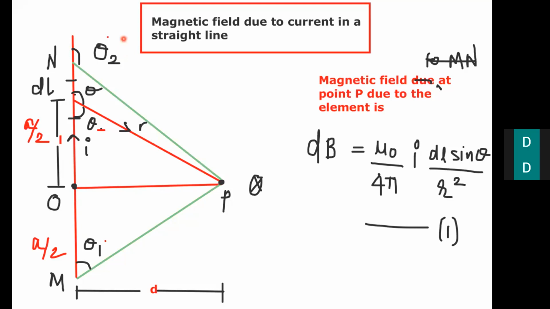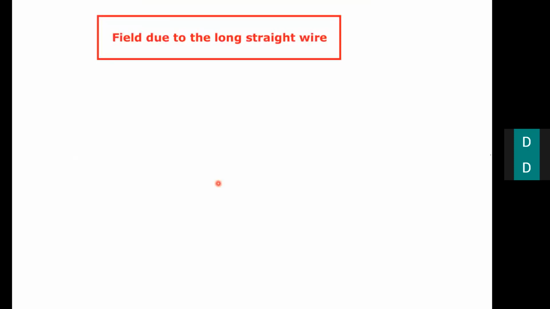So it's really long, so almost the angle of projection will be parallel to the point P. So it will be 180 degrees. That is, theta 2 is equal to pi. So we can write that theta 1 is equal to 0 and theta 2 is equal to pi.